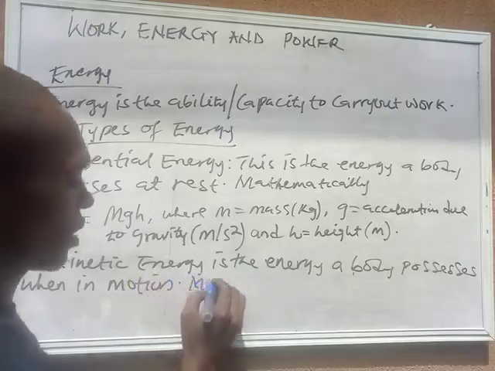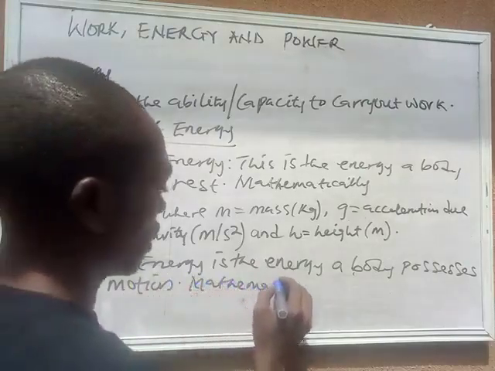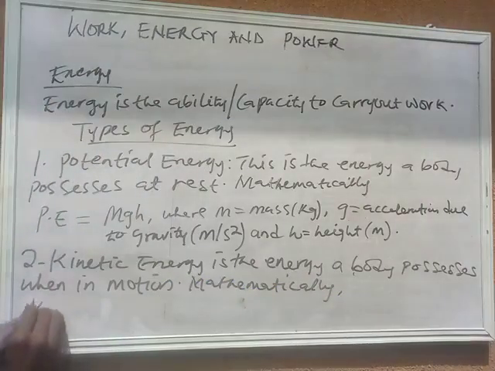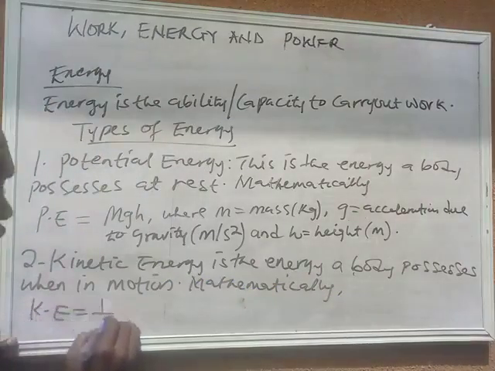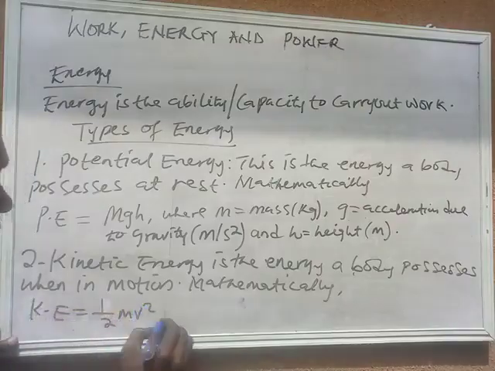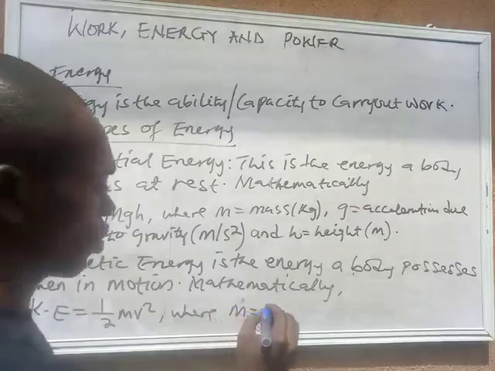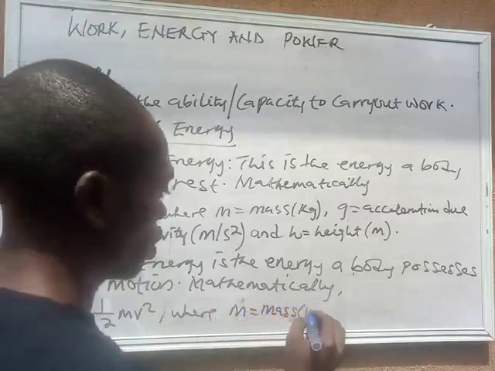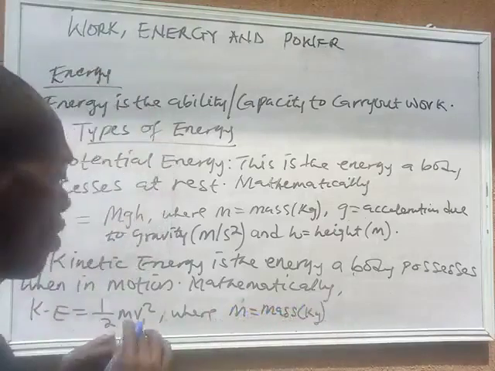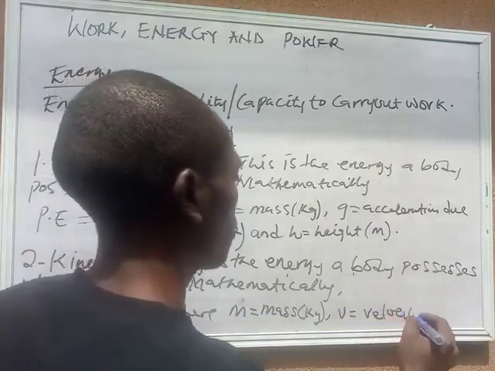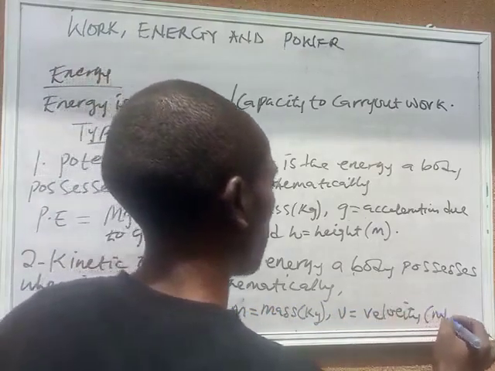Mathematically, as I stated earlier, KE is equal to 1/2 mv squared, where M is equal to mass, which is in kg, and V is equal to velocity, which is in meters per second.